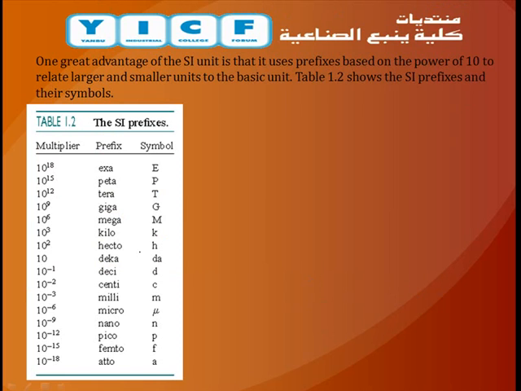What is the advantage of using the SI system? The great advantage of using this system is that it can be based on powers of 10, which relate larger and smaller units to the basic units. For example, let's take the distance, meter.